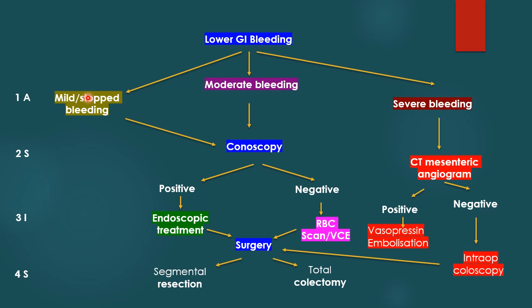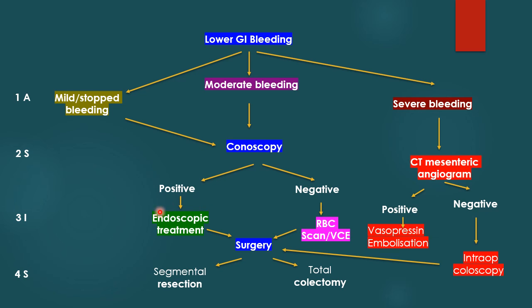For mild and moderate bleeding, the next stage is the scope stage, the colonoscope stage. You will subject the patient to a colonoscopy. If you see some positive lesion causing the bleeding, then you subject the patient to endoscopic treatment: heat probe, diathermy, injection adrenaline, or even endoclips.